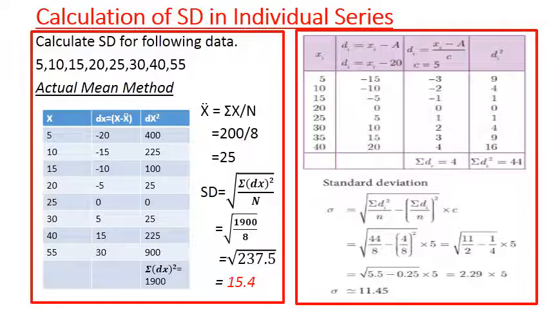When you solve this, it will be 2.29 into 5, and sigma is roughly equal to 11.45. This is how you solve this series with the help of the step deviation method.